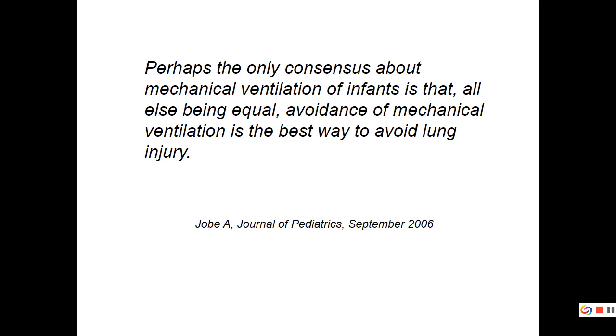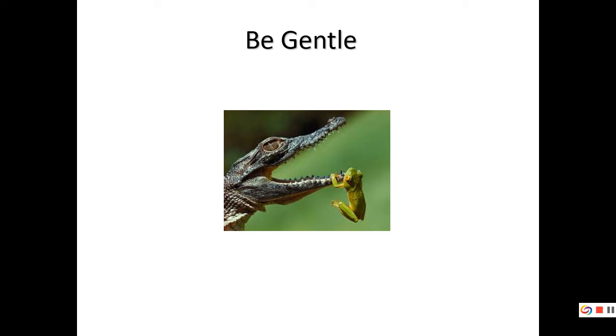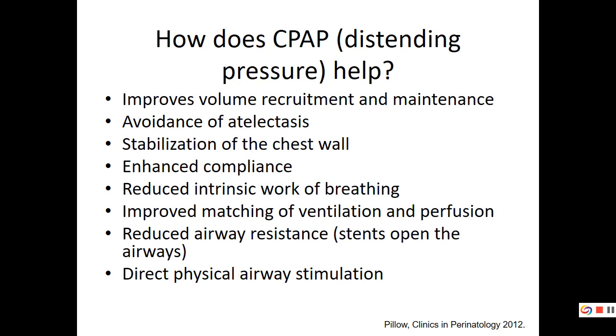And he says, perhaps the only consensus about mechanical ventilation of infants is that, all else being equal, avoidance of mechanical ventilation is the best way to avoid lung injury. So this is kind of how I think of mechanical ventilators. The ventilator is the alligator, and the babies are kind of like that frog. So we have to be very, very gentle. And if possible, get rid of the endotracheal tube.